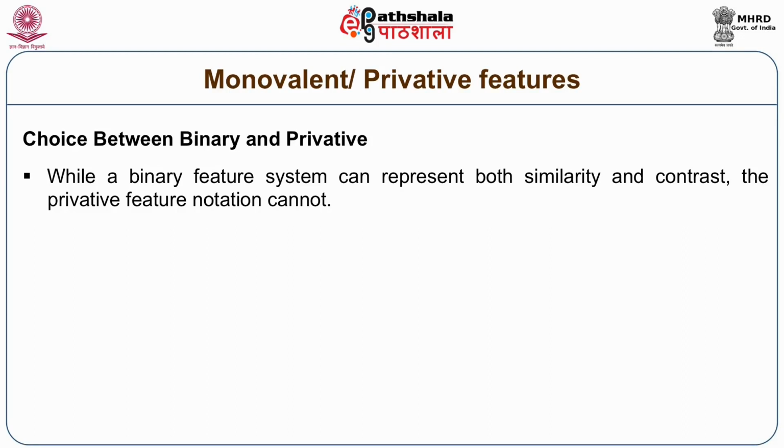While a binary feature system can represent both similarity and contrast, the privative feature notation cannot. So we had concluded that blink and flash were similar because they involved a change of state, a shared feature, and that they differed in the value on, but this is rendered opaque in a privative feature system.